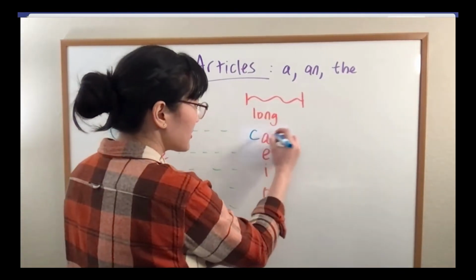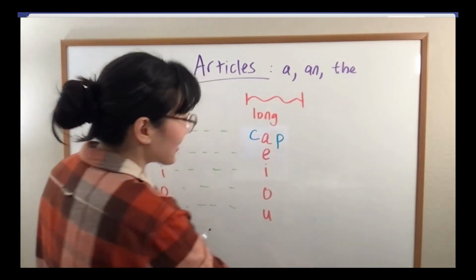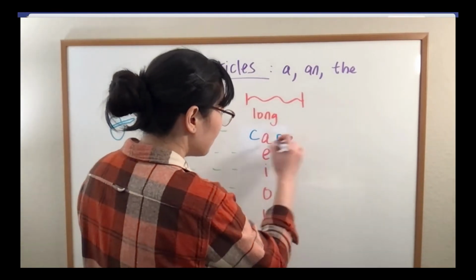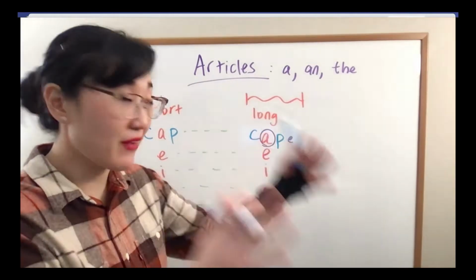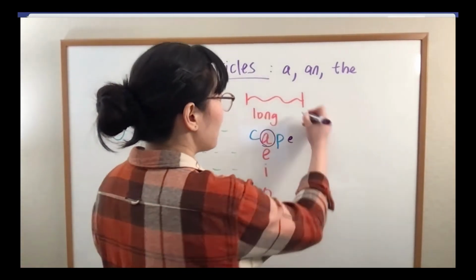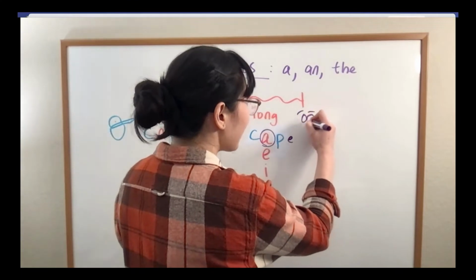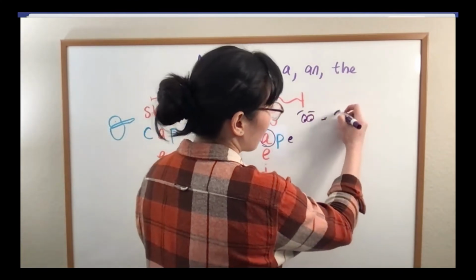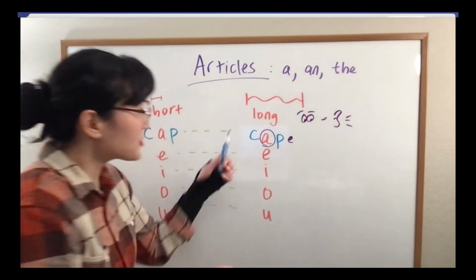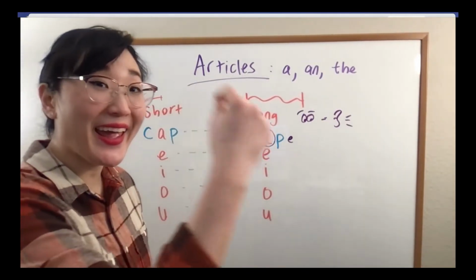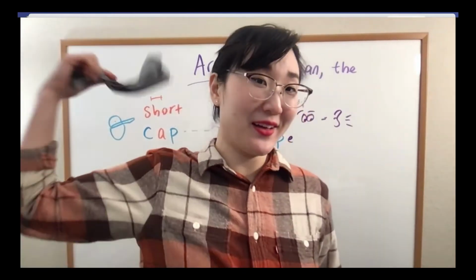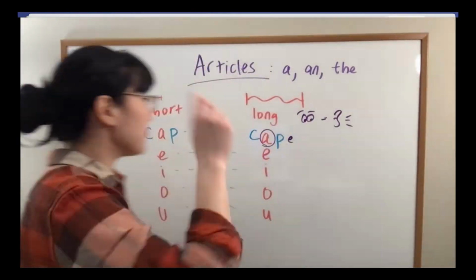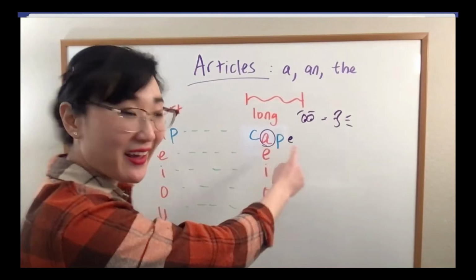If I have a consonant, vowel, consonant, plus an E sound, I pronounce this letter the long vowel. So the long vowel means that what I see is what I hear, what I pronounce. So here, a cape. Think of Superman and Batman. They have a cape, right? All right. So A.